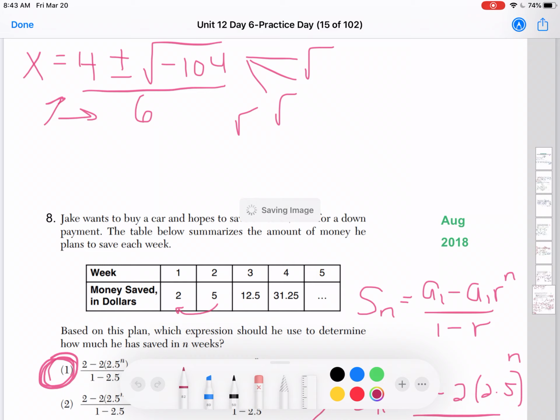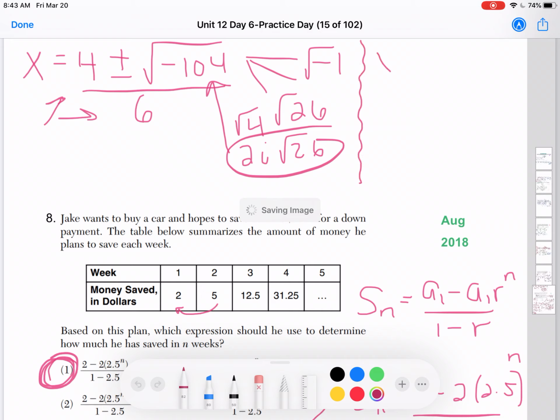Remember, you guys can always go in the calculator, do 104 divided by x, and then go to the table and find the largest perfect square. 4 happens to be the largest. Okay, so this winds up being 2i rad 26, and that replaces the negative rad 104. So x equals 4 plus or minus 2i rad 26 over 6.